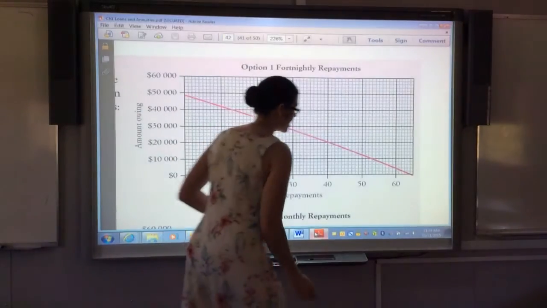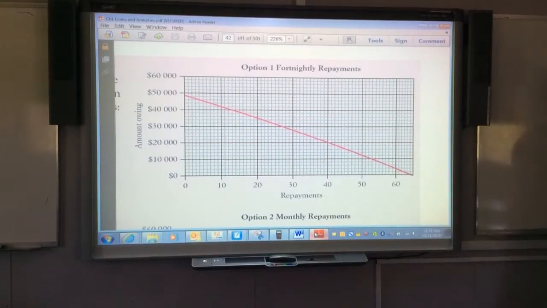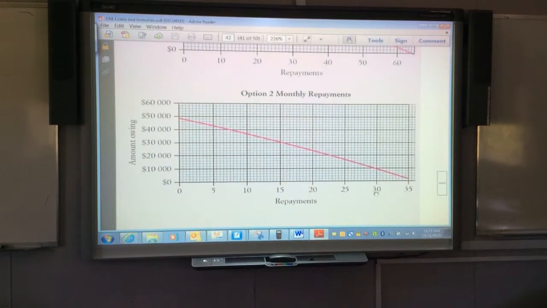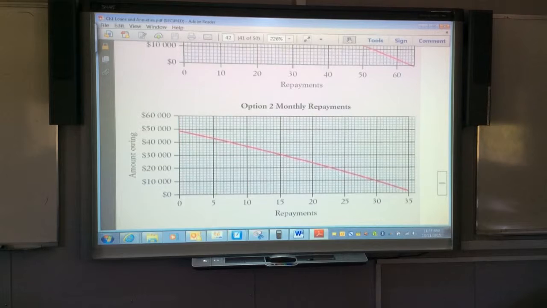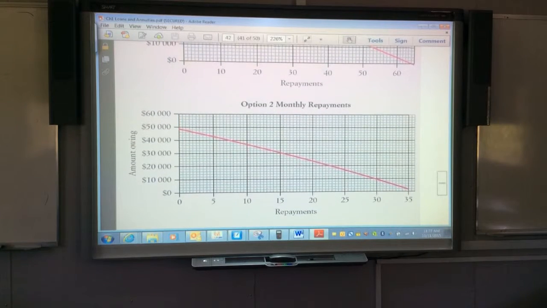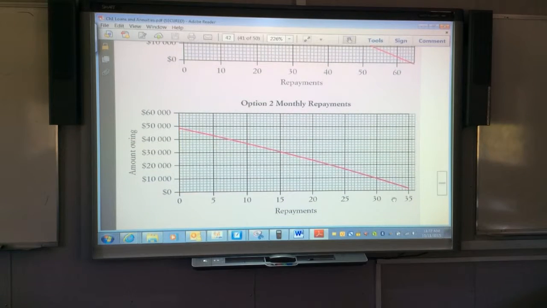Now looking back at this graph here, if you chose instead of paying fortnightly to pay monthly, starting at the same point, okay, can we see that it's not paid off until, what do we reckon? Do you reckon 36 months?